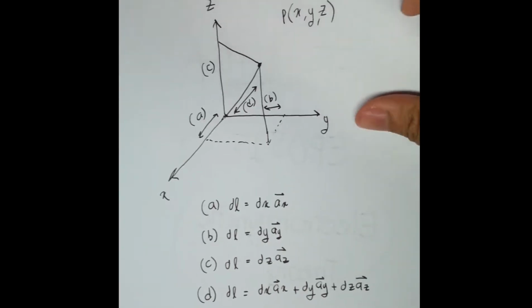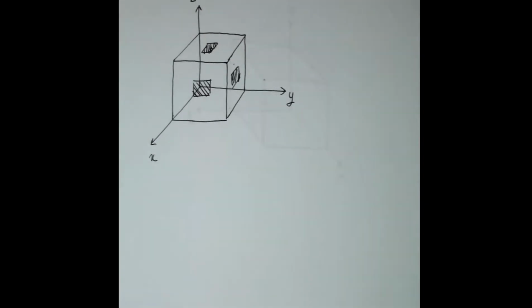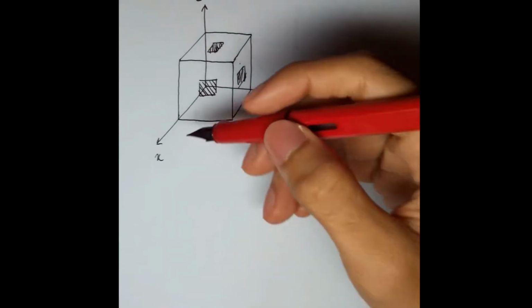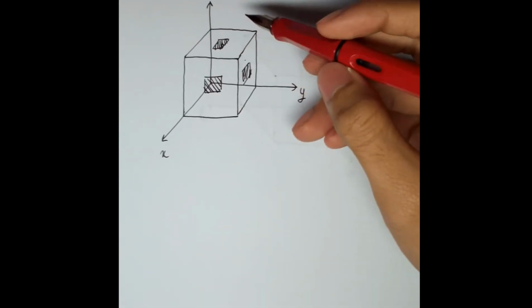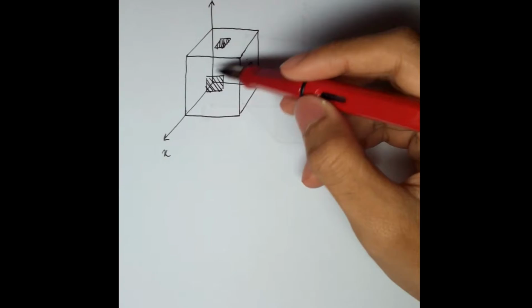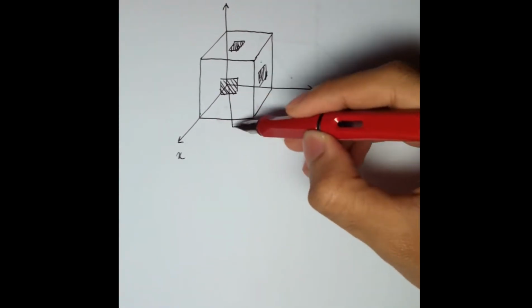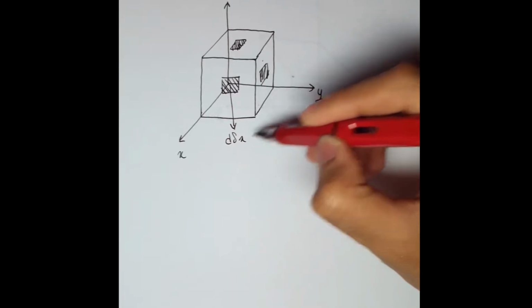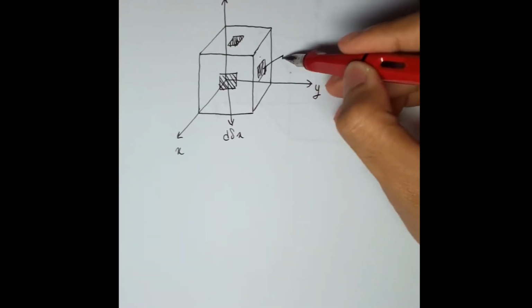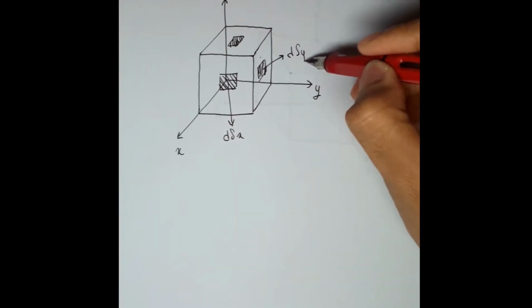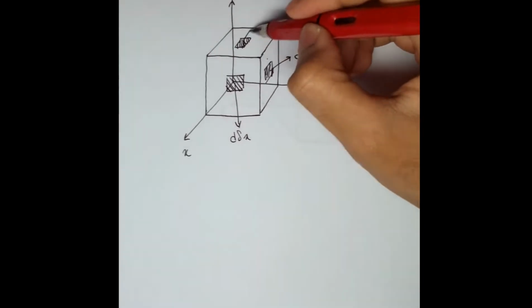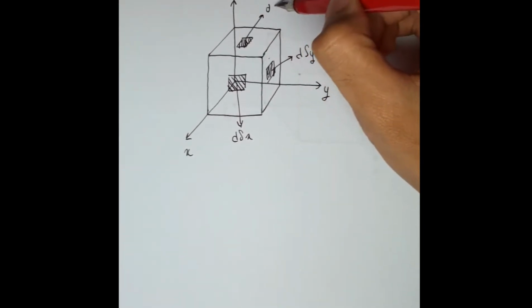Next, we'll cover the differential surface. In the differential surface, we will cover three surfaces, that is dsx, dsy, and dsz.